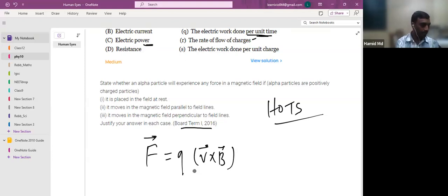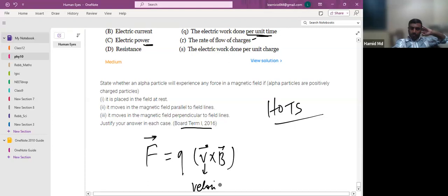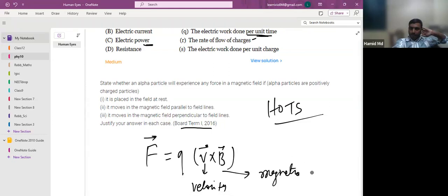I don't know, sir. This is a different question. So see, a magnetic field only acts when there is velocity. Let me write it. Velocity. This is the magnetic field. This is charge.